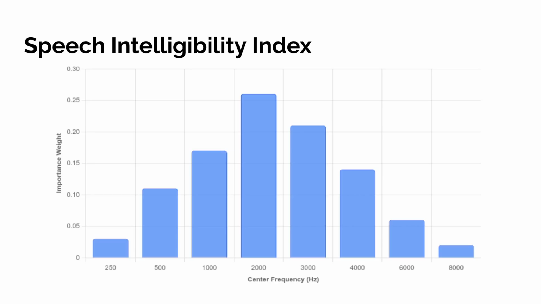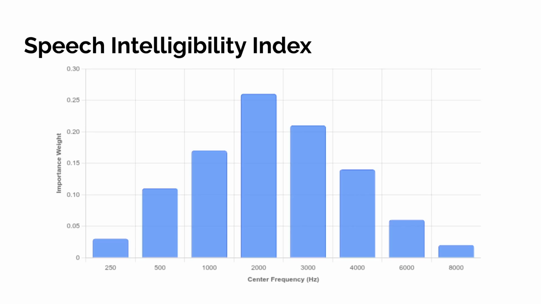It carries nearly 80% of intelligibility because it houses crucial high frequency consonant cues. At the extremes, the low frequencies between 250 and 500 hertz carry the raw power and volume of vowels but offer little in clarity. In the very high frequencies, between 6,000 and 8,000 hertz, it offers the fine details of speech but contributes minimally to the overall score.